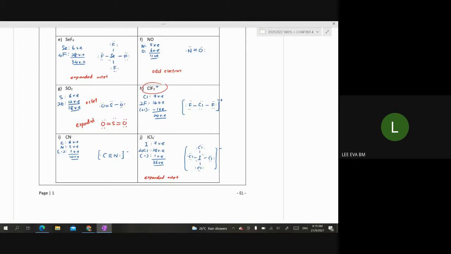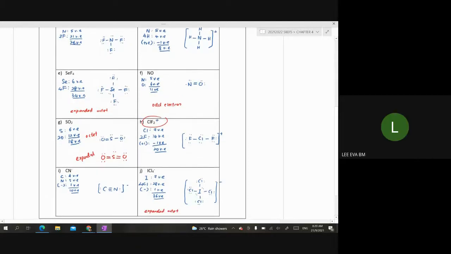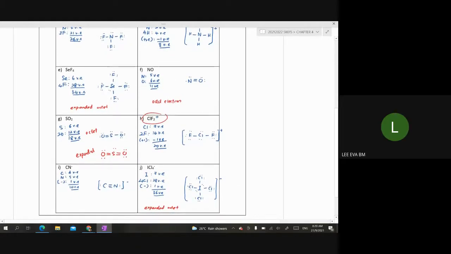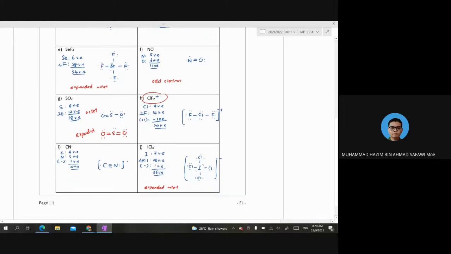Is there any other question Madam can help explain? Anyone want to ask Madam a question? For question G, why are there two answers for the Lewis structure? Because octet can be applied for all except for the incomplete.